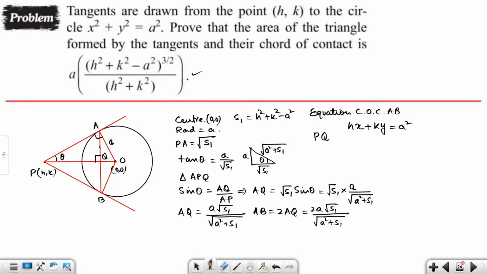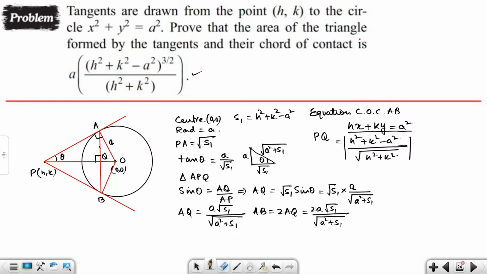P is (H, K), and the equation of AB we know, Hx plus Ky equals A square. So the perpendicular distance PQ is nothing but H square plus K square minus A square divided by root over of H square plus K square. This formula I have used, the perpendicular distance between a point and a straight line. Okay. So now you know PQ.